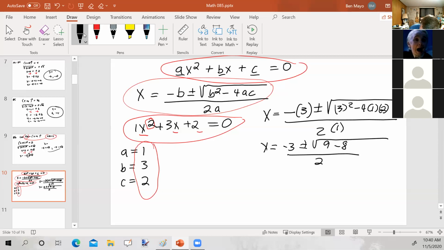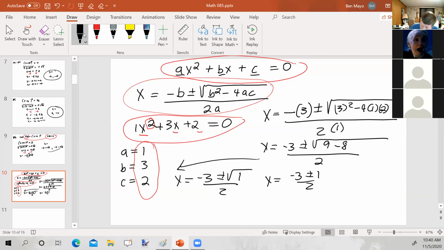Continuing to simplify, I'm going to go over here and make sure I have enough room. X equals -3 plus or minus the square root of 9 minus 8 is 1 over 2. X equals -3 plus or minus the square root of 1 is 1 all over 2. So now I'm going to split that up into two separate solutions.